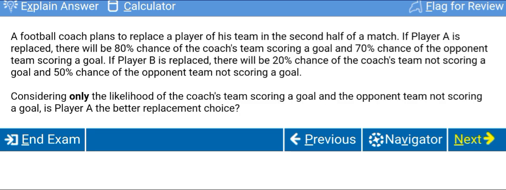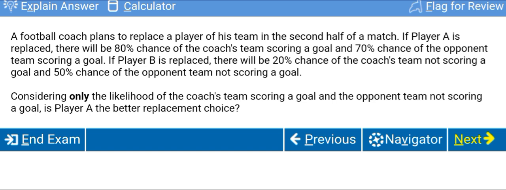Next we have: a football coach plans to replace a player of his team in the second half of a match. If player A is replaced, there will be an 80% chance of the coach's team scoring a goal and a 70% chance of the opponent team scoring a goal.